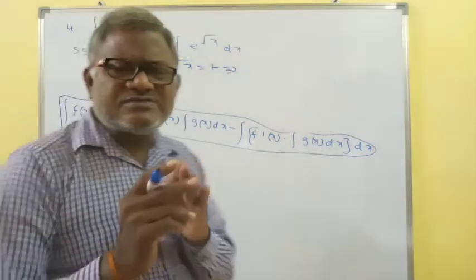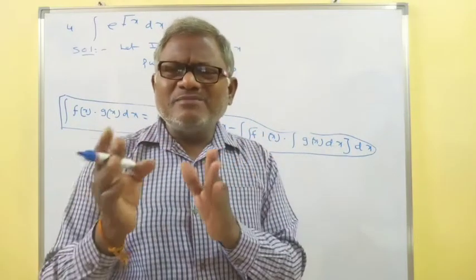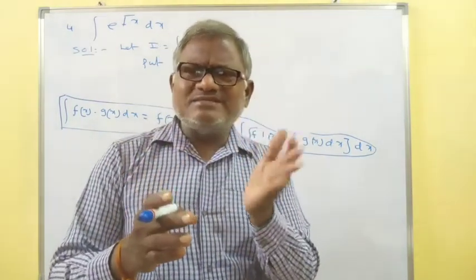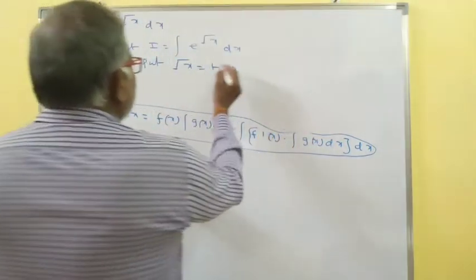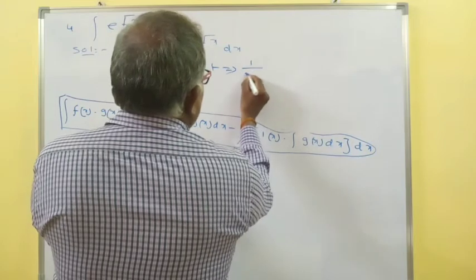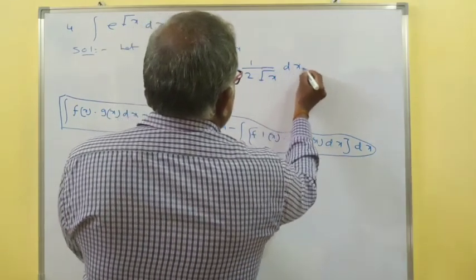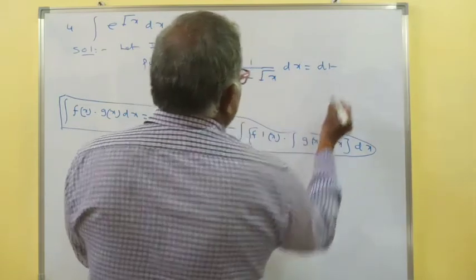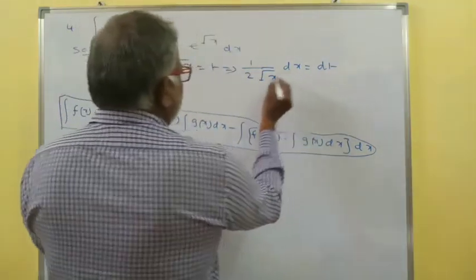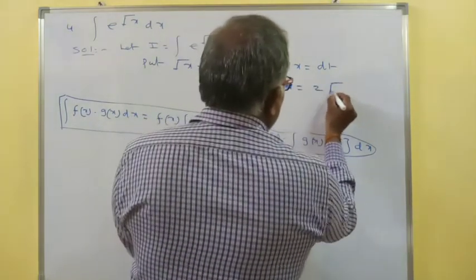For e power x only, our integration is e power x. But in place of x, another function is there. So root x is equal to t. So 1 by 2 root x, derivative of root x. Right. So finally dx is equal to 2 root x.